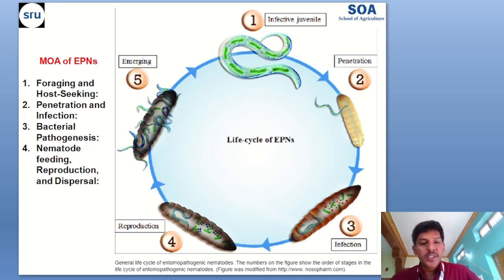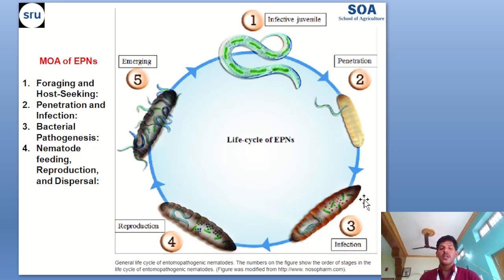Next, we are going to see the mode of action of entomopathogenic nematodes in brief. This nematode actively forages and seeks the host in the soil. Once it finds its host, it penetrates into it through natural openings such as the anus, mouth, spiracles, or any other sharp part of the body, and causes infection by releasing bacteria.